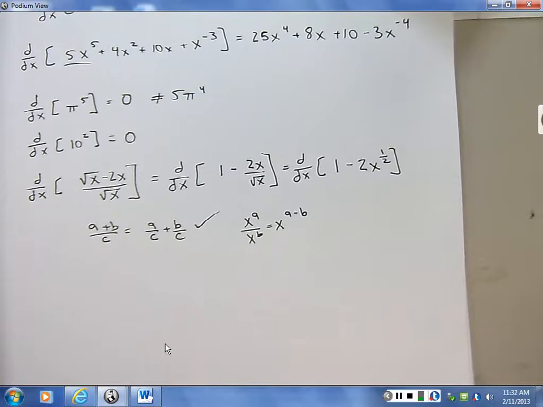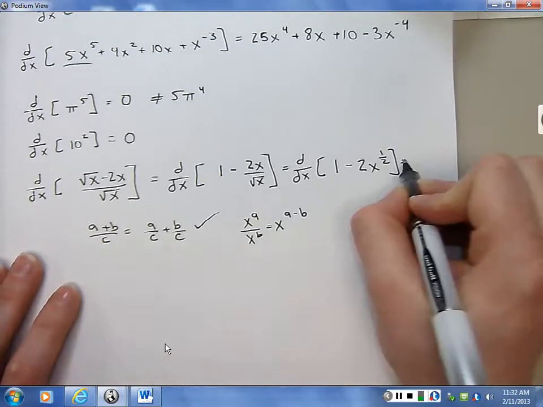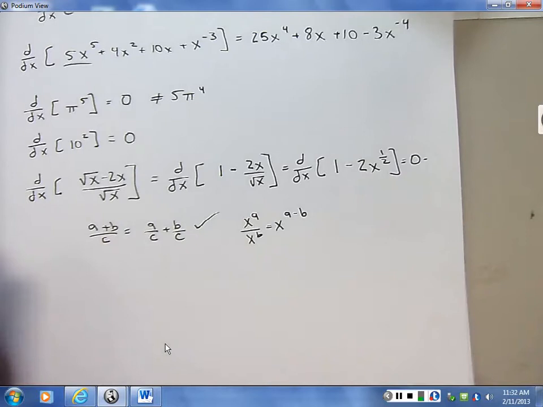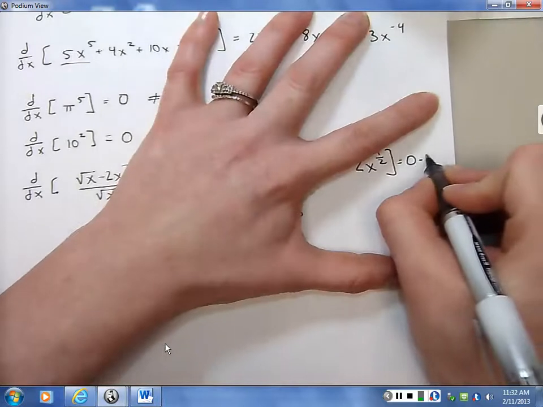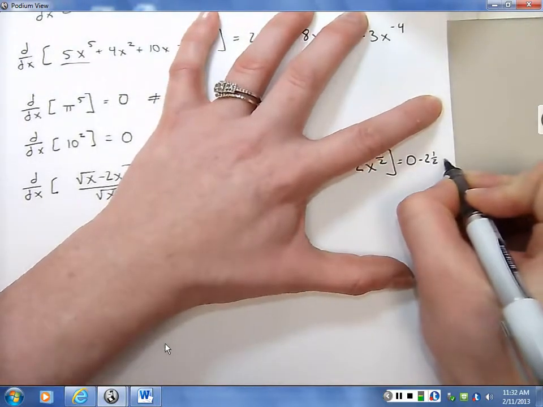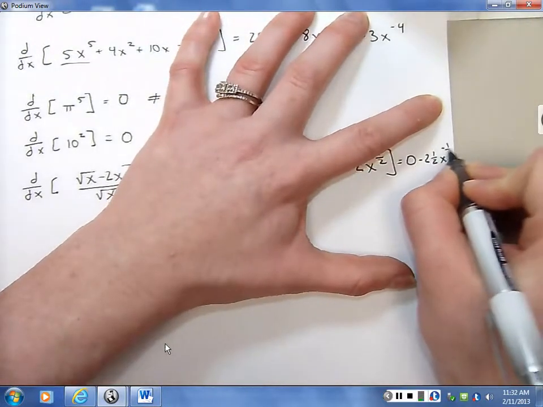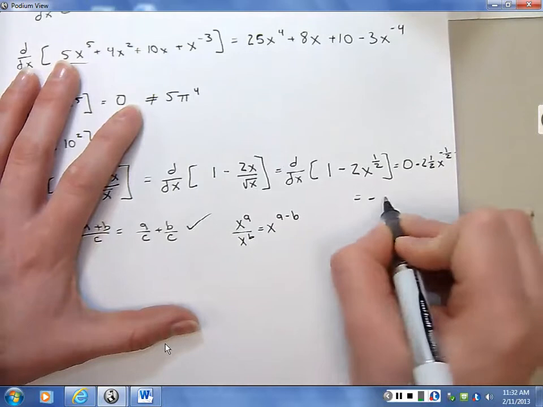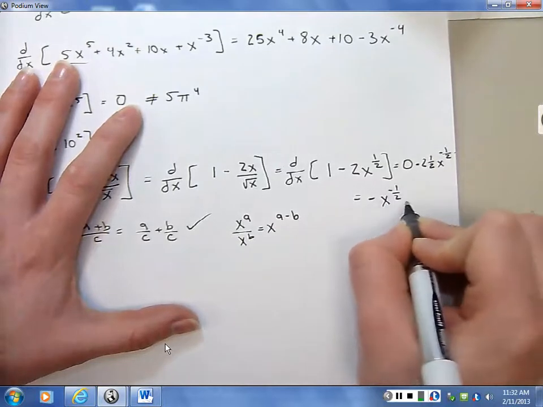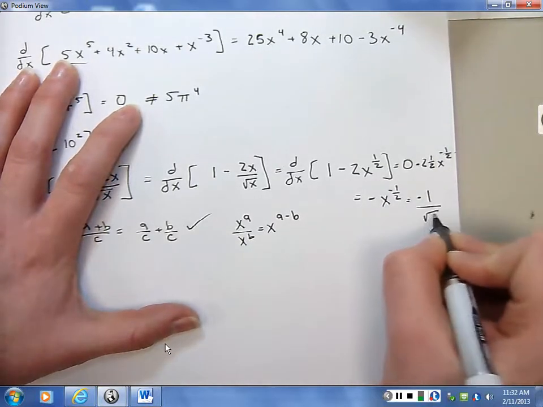What's the derivative of 1? 0. What's the derivative of 2x to the 1/2? Very good. So I'm going to write 2, and then if I bring down the 1/2, x to the minus 1/2. So this would be minus x to the minus 1/2. I write that as minus 1 over the square root of x.